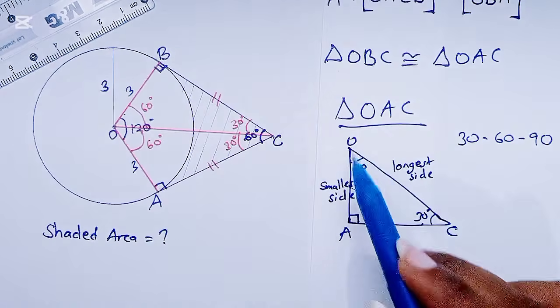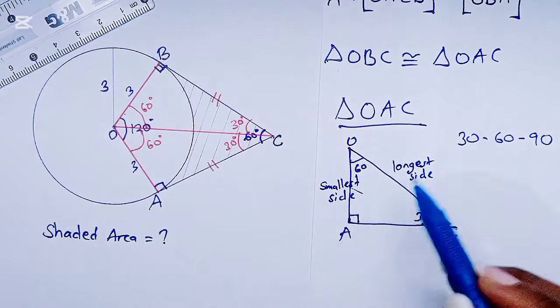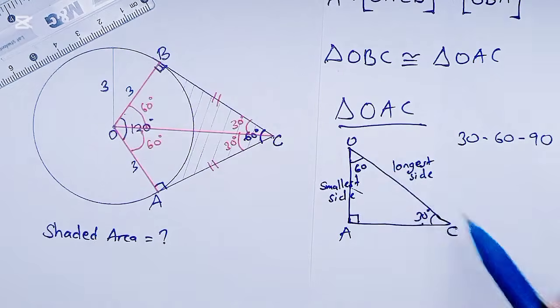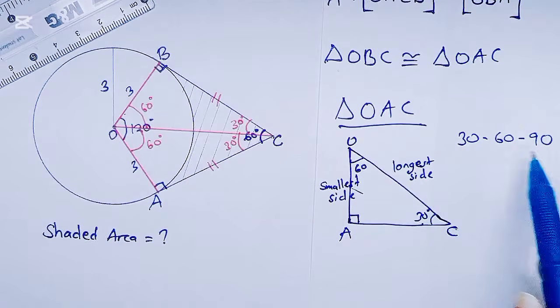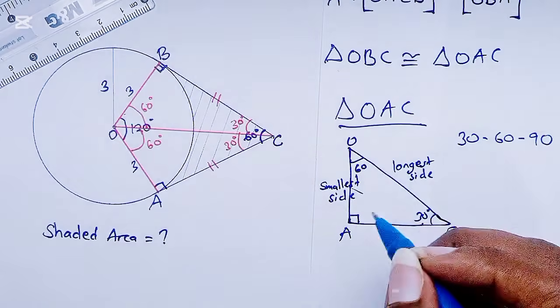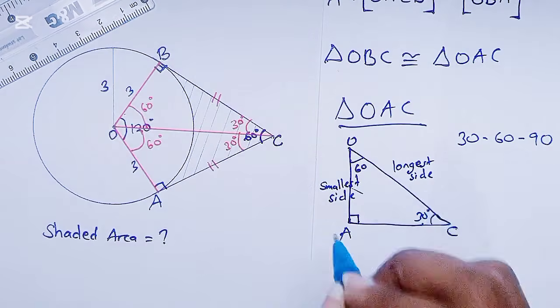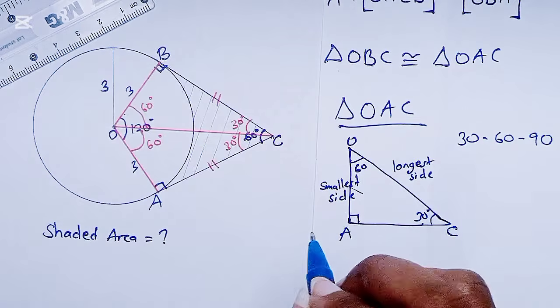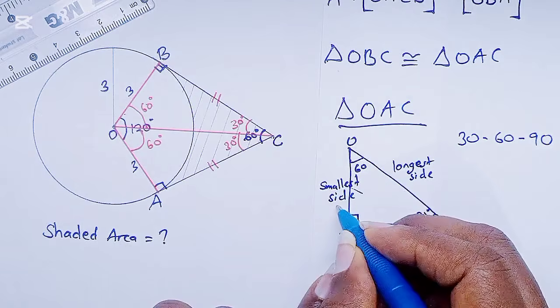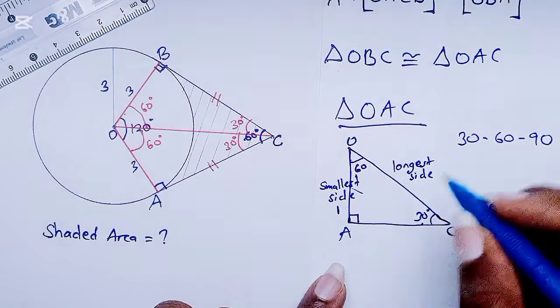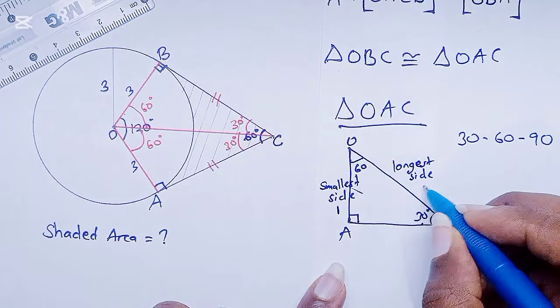So OA is the smallest side and OC is the longest side. And in such a triangle, a 30-60-90 triangle, the longest side is twice the size of the smallest side. So if the smallest side is, say, 1, that means the longest side will be 2.